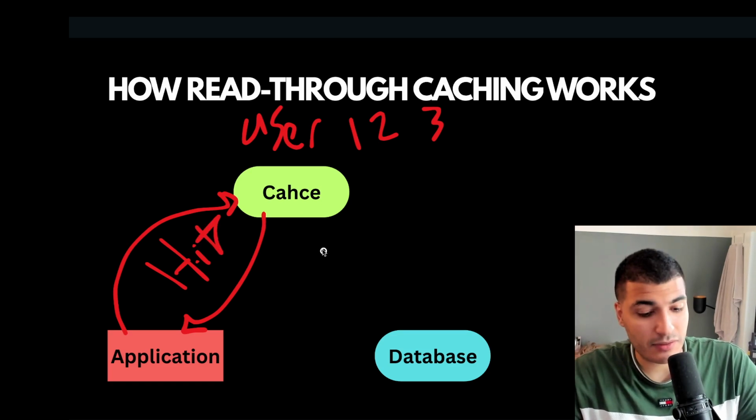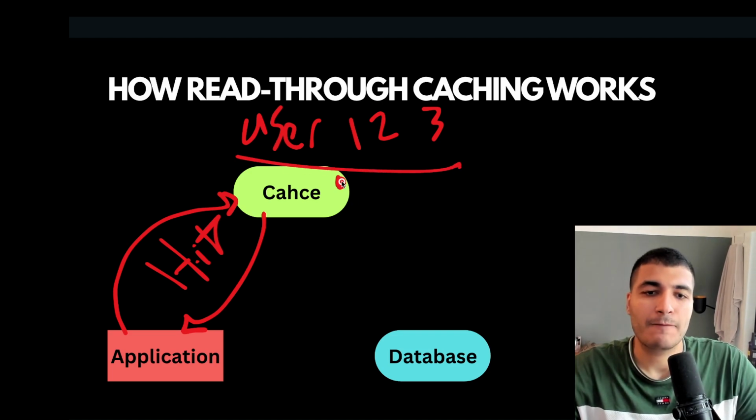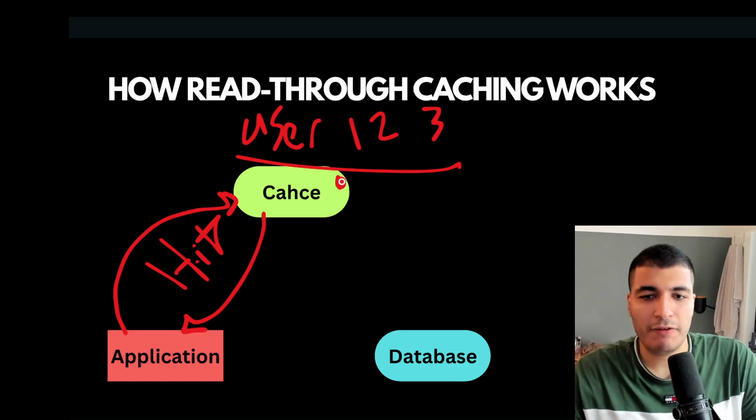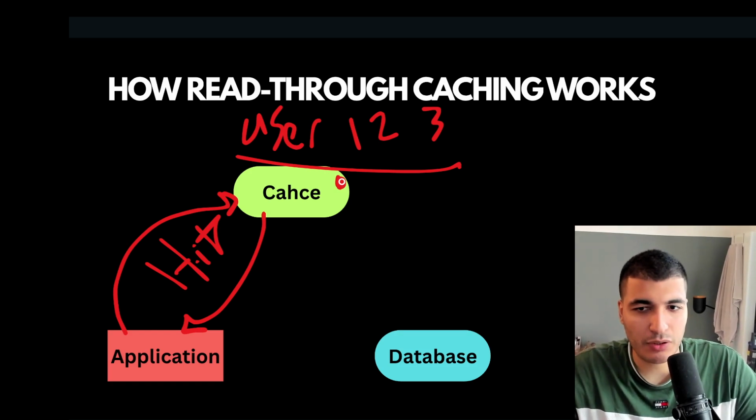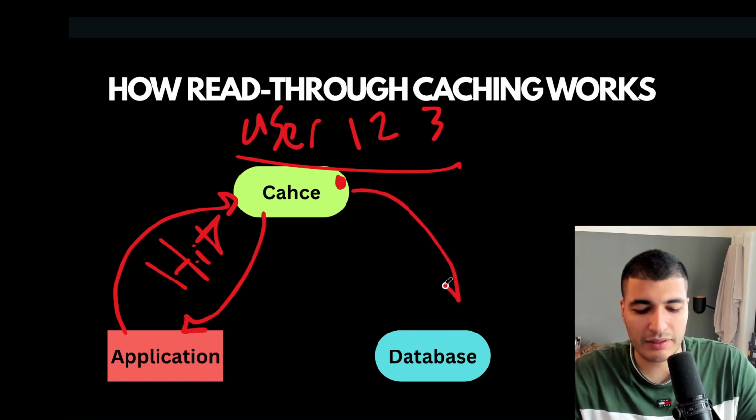If we have a cache miss, basically if this user is not available in the cache, so if user 123 is not in the cache, that's what we call a cache miss. The cache fetches the user from the database.